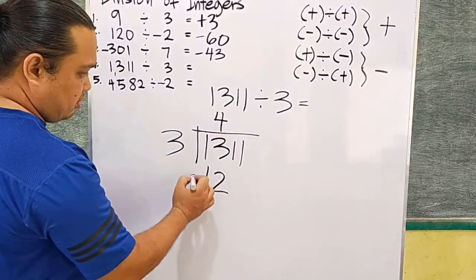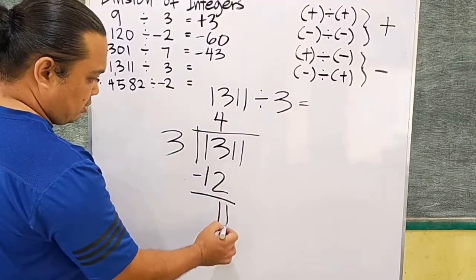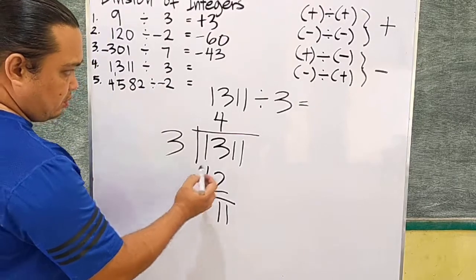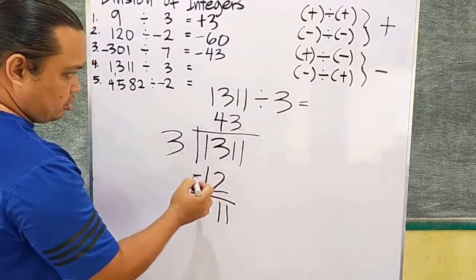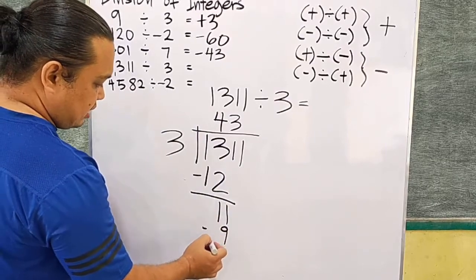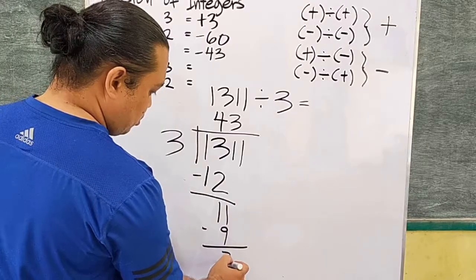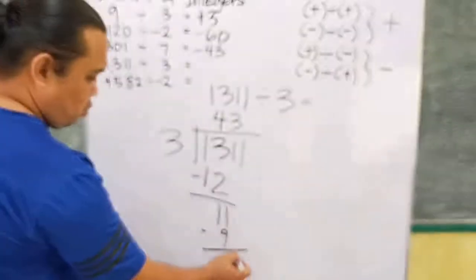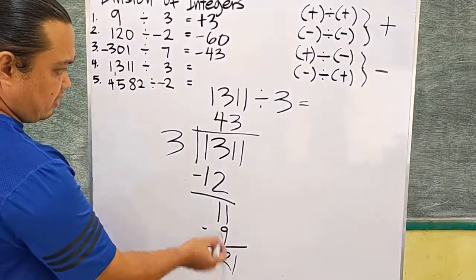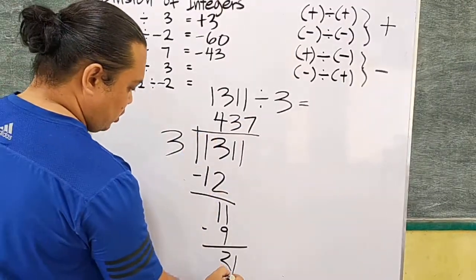Okay, now 13 minus 12 is 1. Bring down 1. Now 11 divided by 3, we have 3 here, because 3 times 3 is 9, and minus, 11 minus 9 is 2. Okay, bring down 1. And 21 divided by 3 is 7. 7 times 3 is 21.